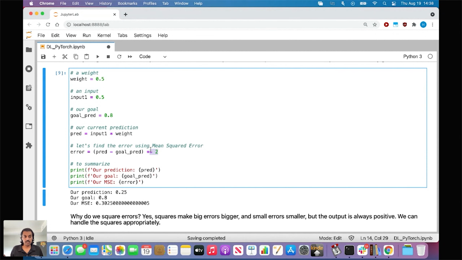What direction am I off from the goal? What squaring allows us to do is get rid of that negative value. That's going to be important when we're comparing like outputs.